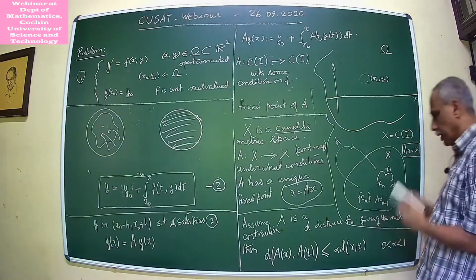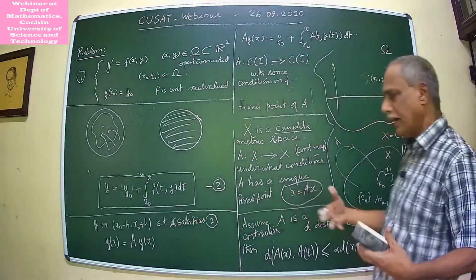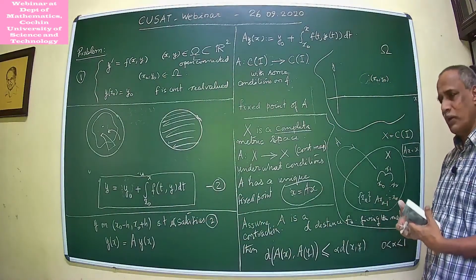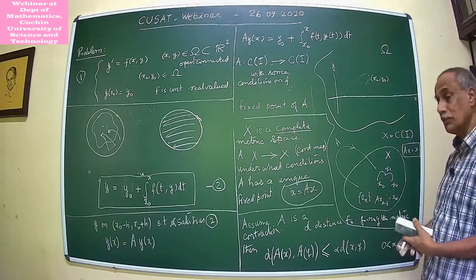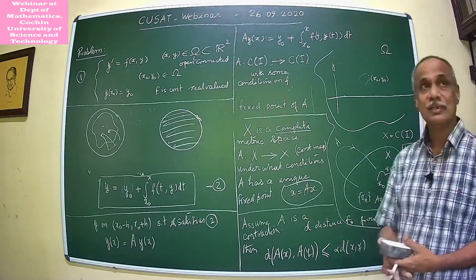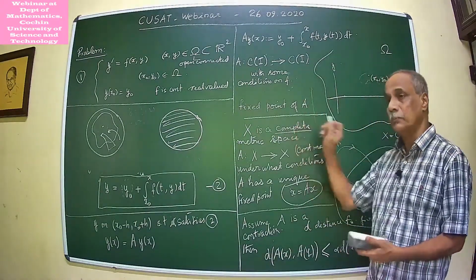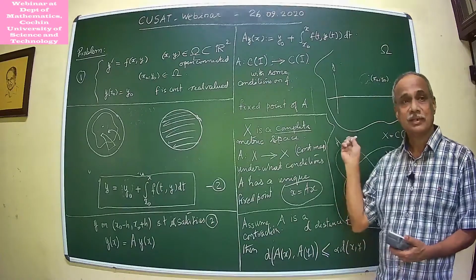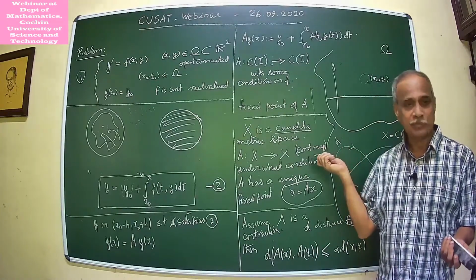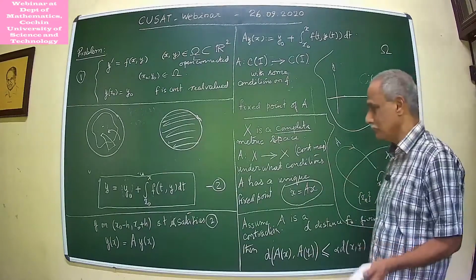Now, what you assert is that this sequence of points forms a Cauchy sequence because of the contraction. And the consequence is that, since we have assumed the space is complete, it has a unique limit point. And that becomes the fixed point of the theorem.